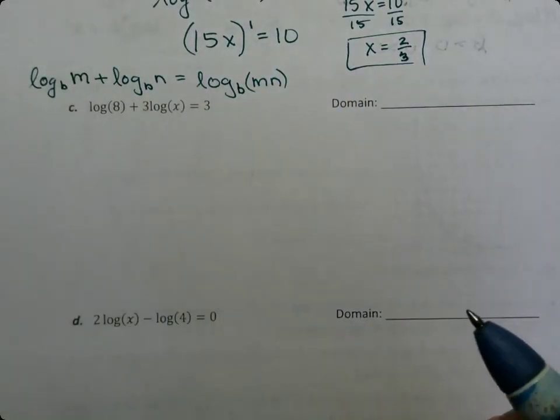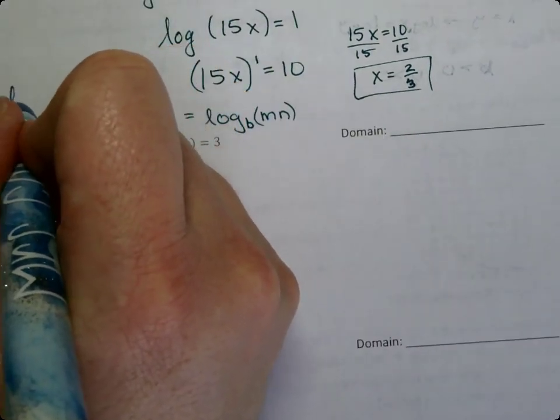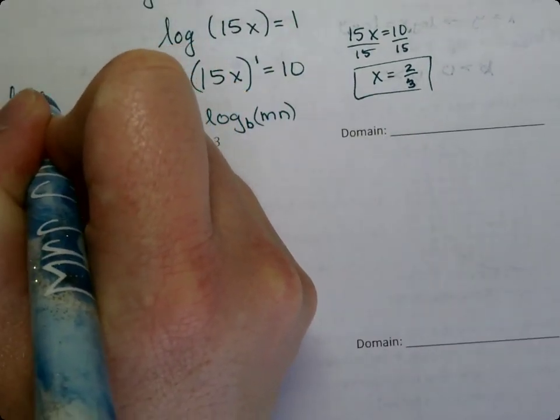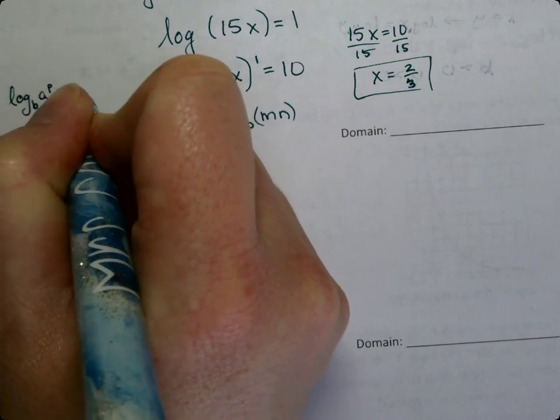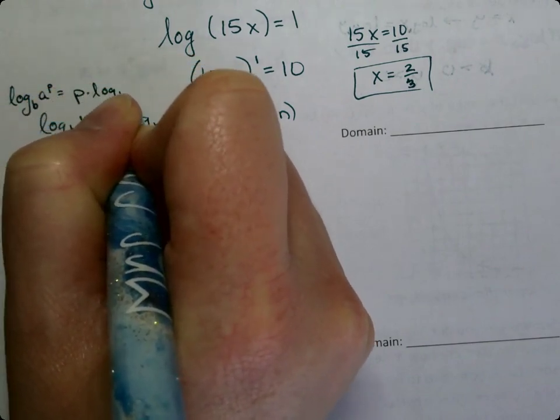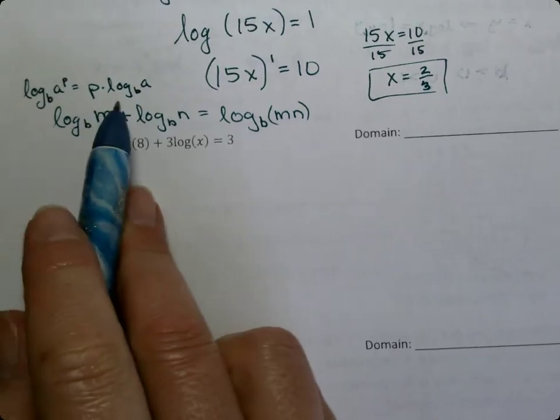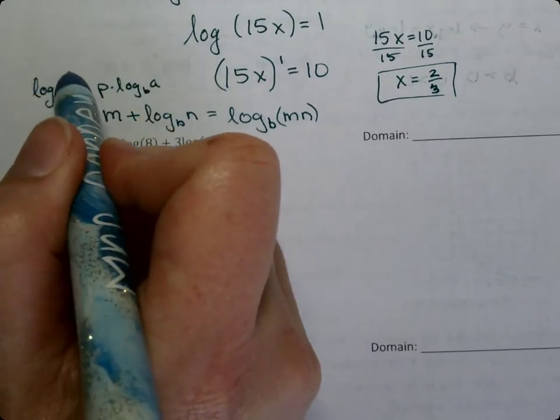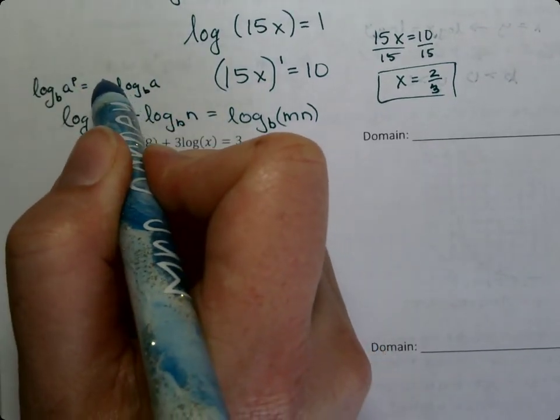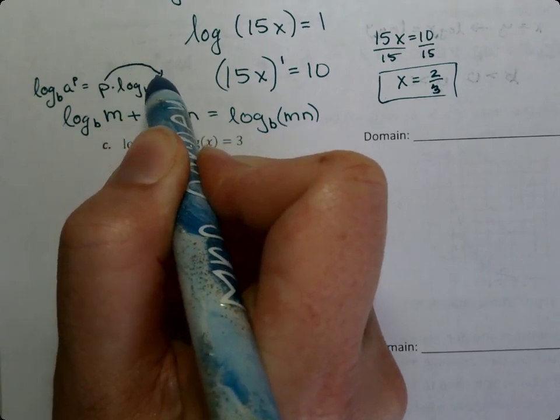The other rule, I don't have really room for this, but remember the rule if you have log base b of a to the power of p, that equals p times log base b of a. When you have a log to a power, you bring it out front. Well, if you have a multiplication of that log, we can bring it up top.